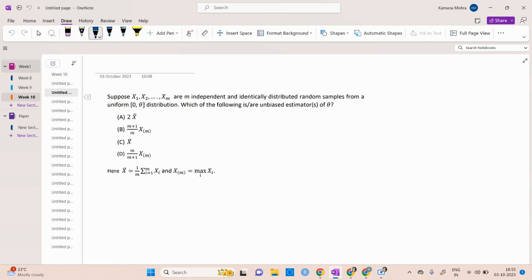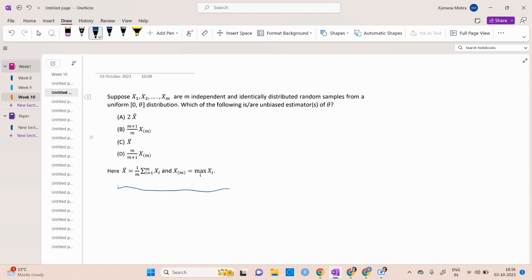And then we want to find which are unbiased estimators of theta and which are not. You are given x bar equal to 1 upon m summation xi, and x(m) is the maximum of xi. And x(1) is the minimum of xi.